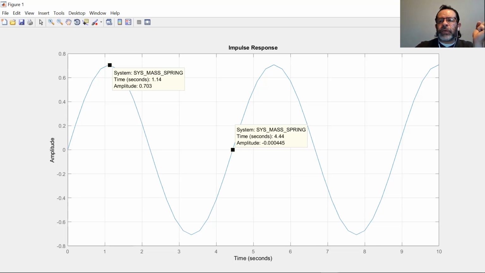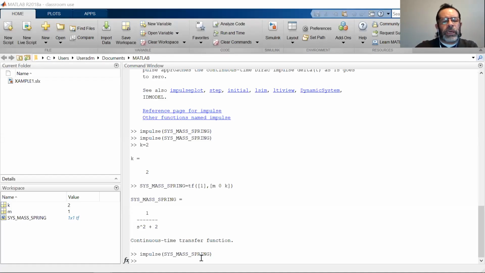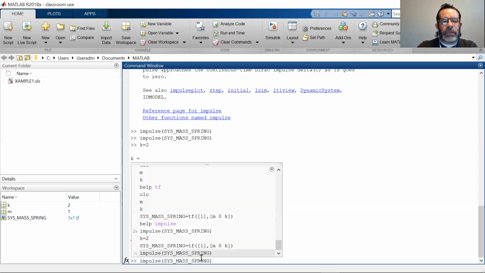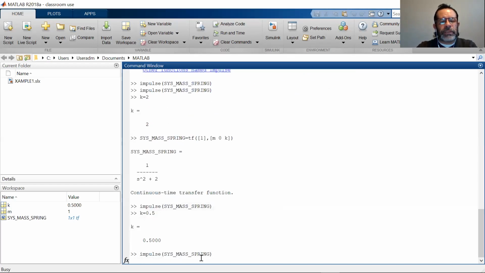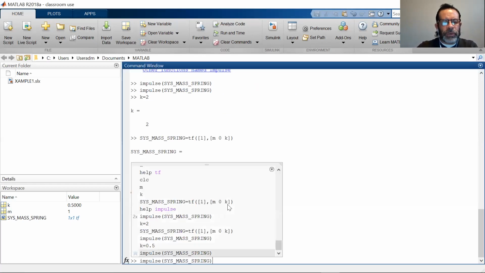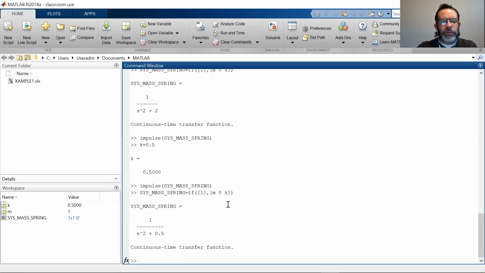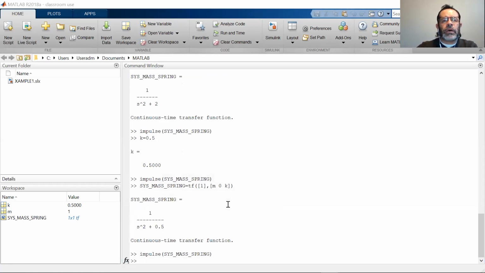Now let's see what happens if we decrease K. So instead of being 1, now it's going to be 0.5. And we're going to redefine the system with the 0.5, and graph it and see what happens.